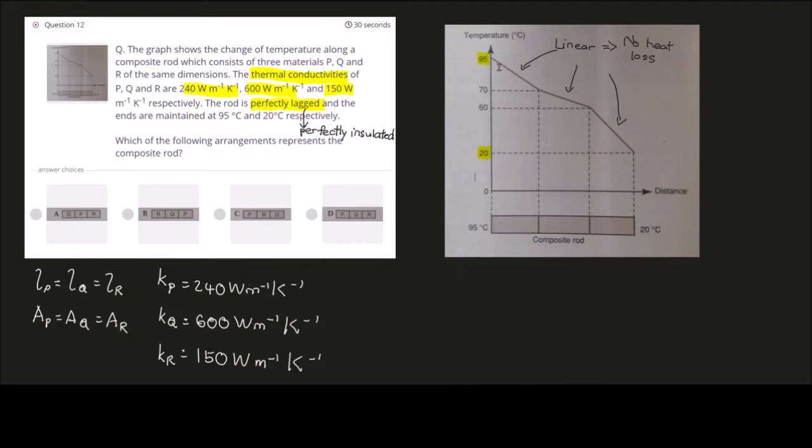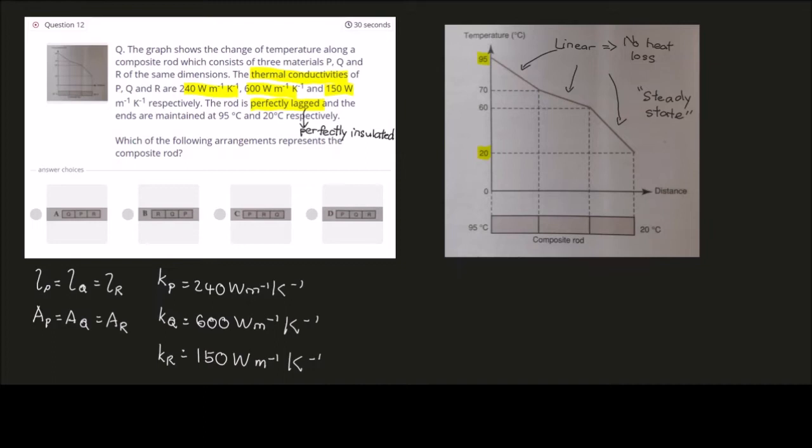So the temperature at different positions, even though they are different, remains constant. So this situation, we understand it to be steady state. The temperature at each position remains the same. So now we know it's steady state.